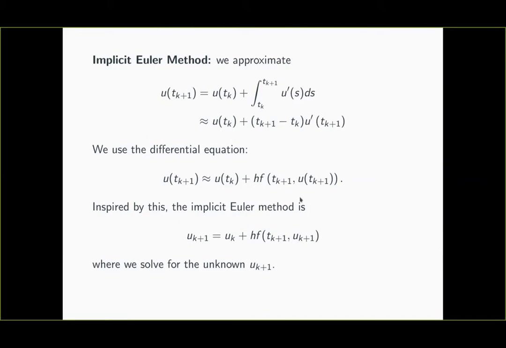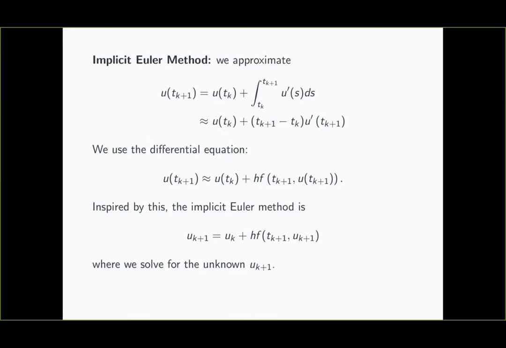Similarly, we can come up with a motivation for the implicit Euler method. So again, we have u(t_{k+1}) being equal u at time t_k plus the integral of u prime from t_k up to t_{k+1}. This time, we approximate the integral by taking the point value of u prime at the right end of the interval at time t_{k+1}.